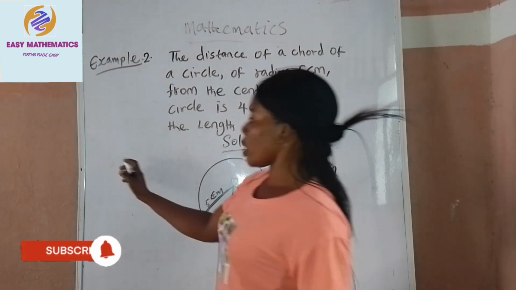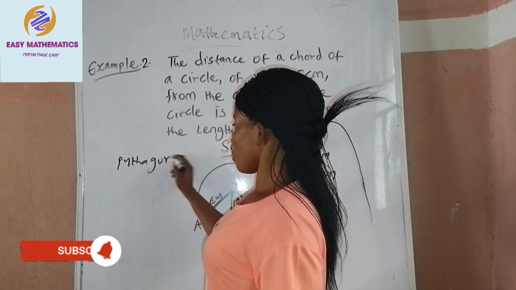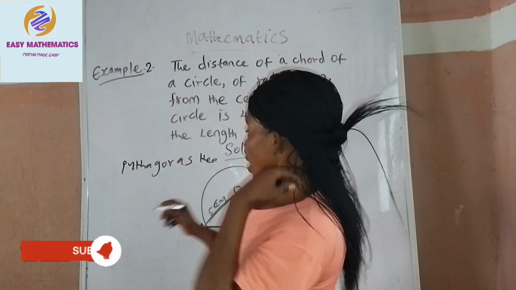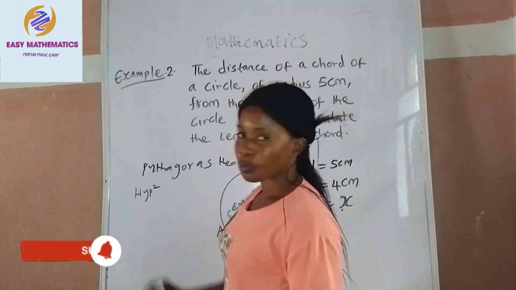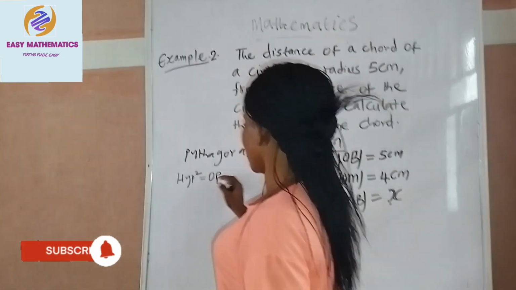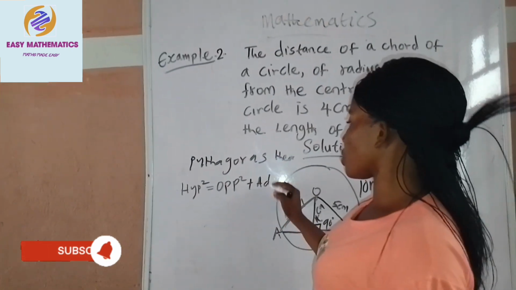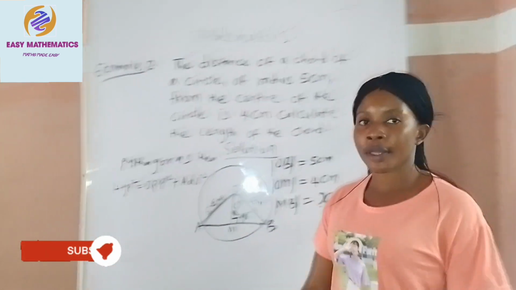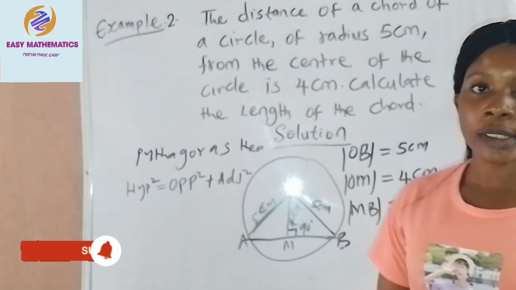Just like I said earlier, Pythagoras theorem says that the hypotenuse square is equal to the opposite square plus the adjacent square.